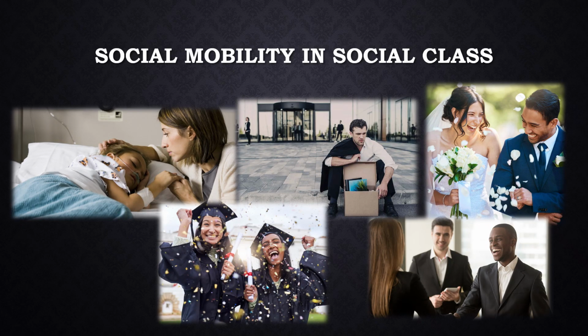So, social mobility and social class. Let's go through and use examples. You were born into a family. They were very excited for you to go to school, so you went on to college and you graduated. From college, you got married to someone that was in a class above yours.